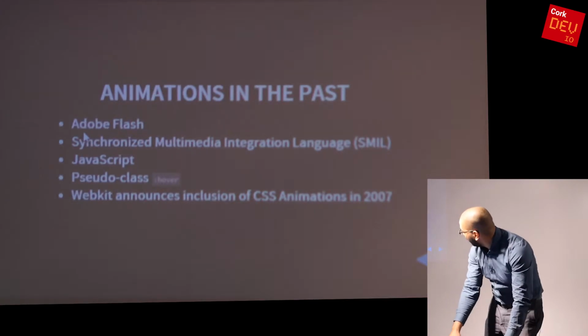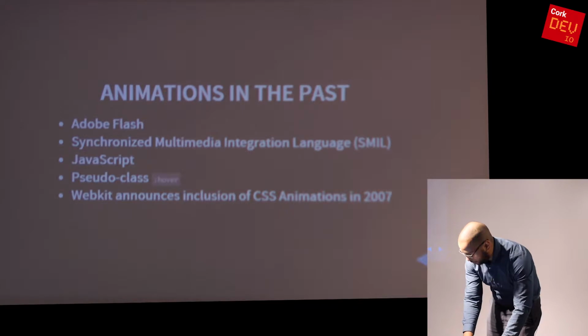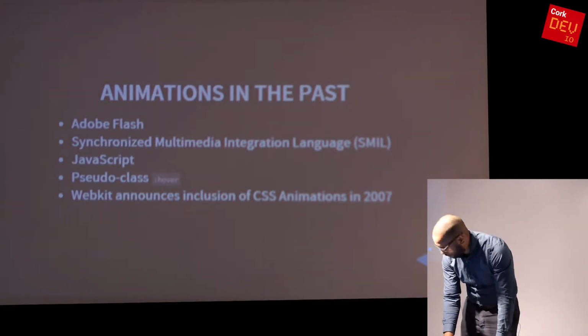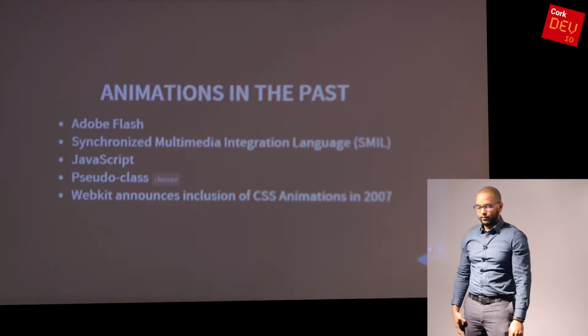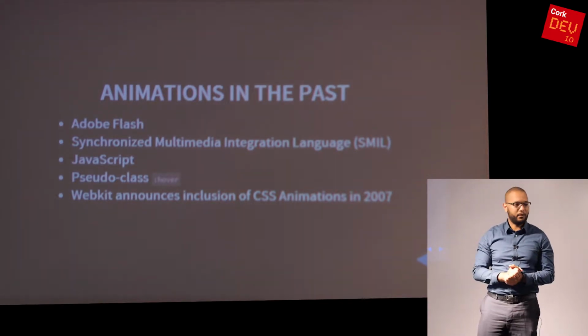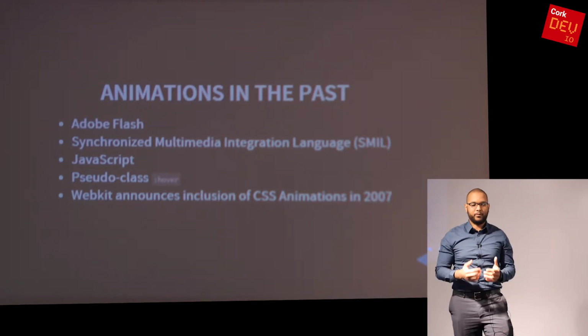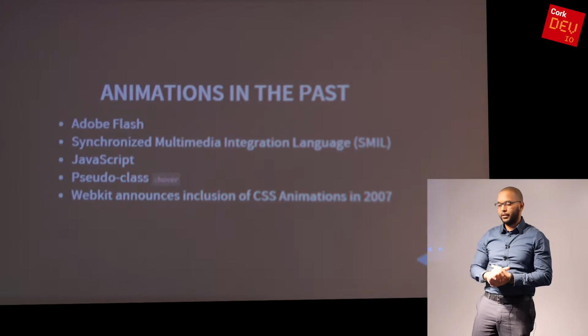So, animations in the past. Maybe you were using something like Adobe Flash, which proved to be slow at times. Maybe people overused it a little bit. Then you had to deal with plugins, and if you didn't have the right version, it became a mess because you had to go and download everything.